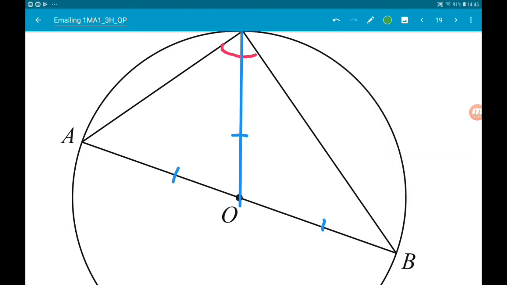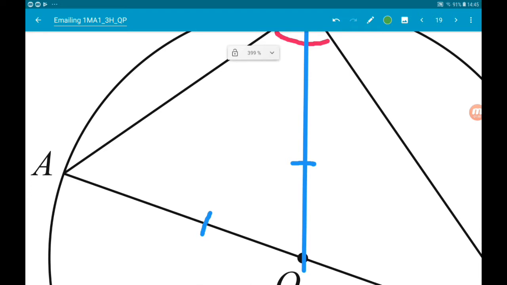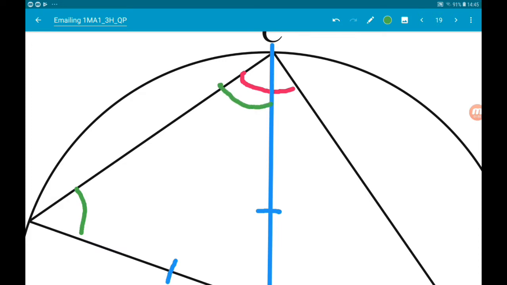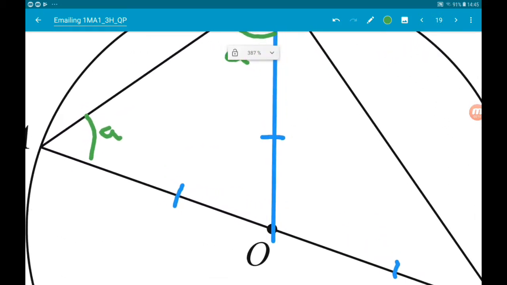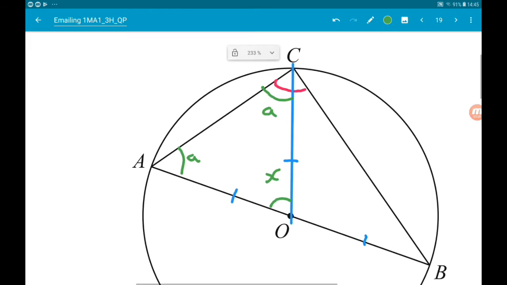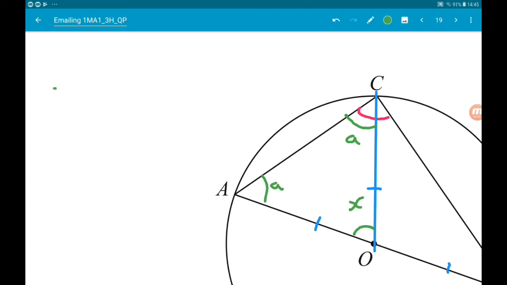So what we're now going to do is, over in this left hand triangle, we know this angle and this angle are the same, so I'm going to call them A. Now, in the centre, if I for now call this angle X, then we know that X add 2A is equal to 180 degrees.